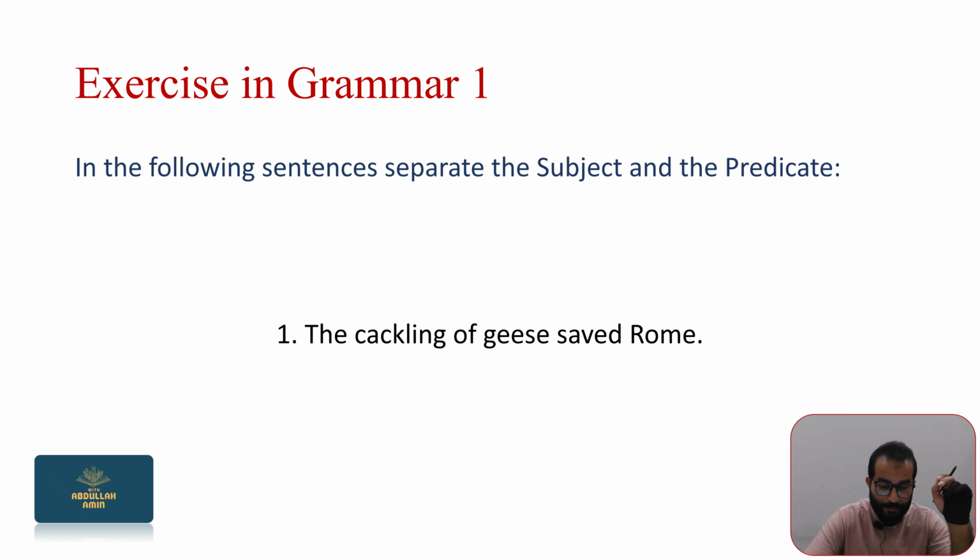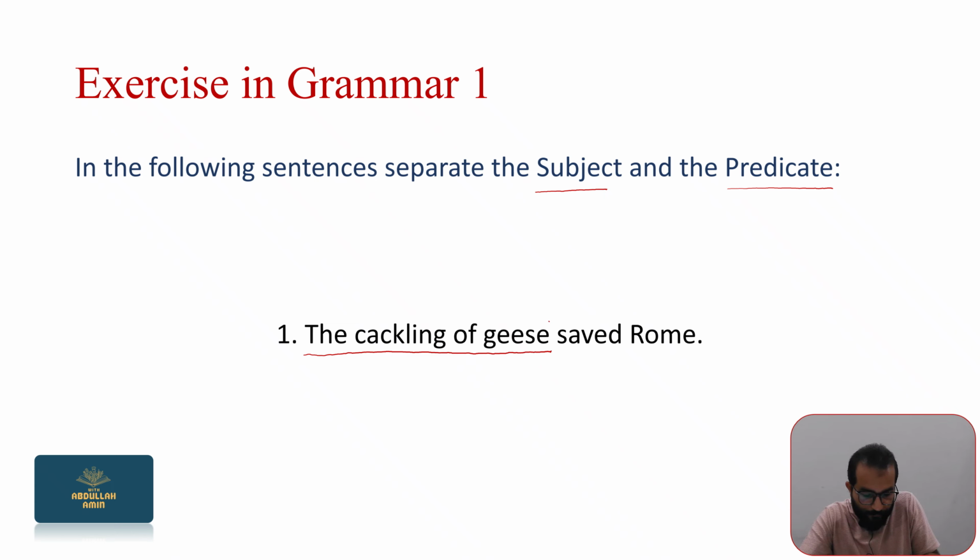So this is the very first exercise in grammar. What we have to do is that we have to separate the sentence into subject and the predicate in the following examples. So the very first example in this exercise we have is: the cackling of geese saved Rome. So the first part, the cackling of geese, this is the subject.